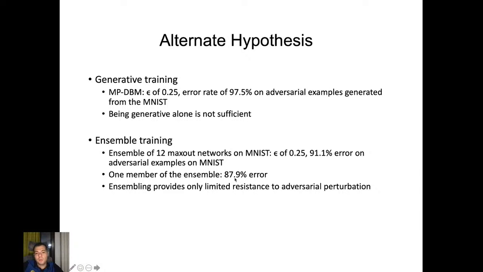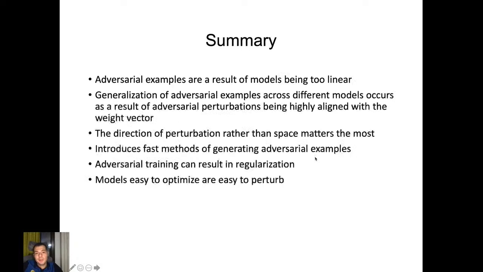So in this case, one of the members had a lower error than the ensemble. So using an ensemble is not really a good idea. It has some resistance, but it's very, very limited. So yeah, these are the conclusions.